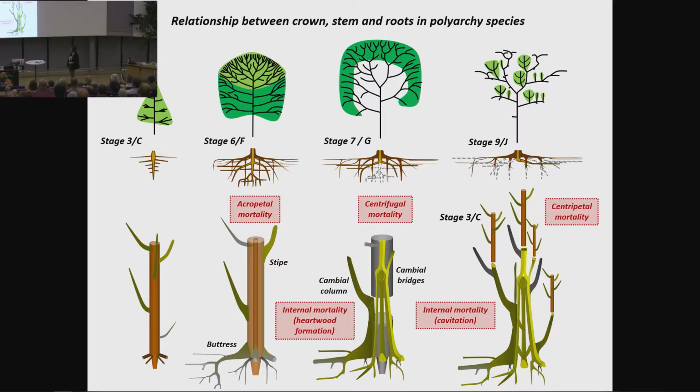Going further, real cambial columns are produced, and usually the trunk is hollow, and some cambial bridges appear connecting the different cambial columns. And at the end, in very late stages, you have this kind of tree, completely hollow, the taproot is gone, decayed and disappeared, with superficial roots.